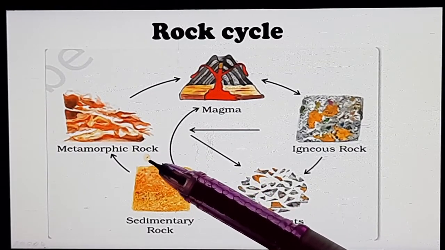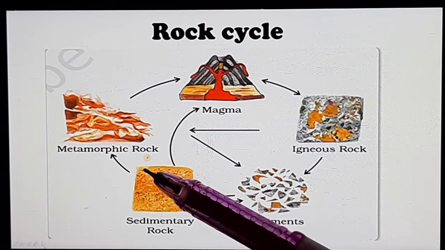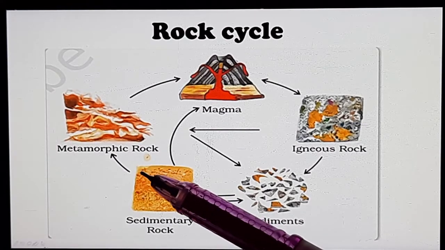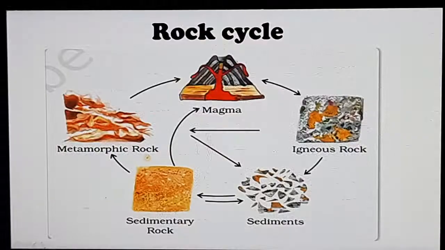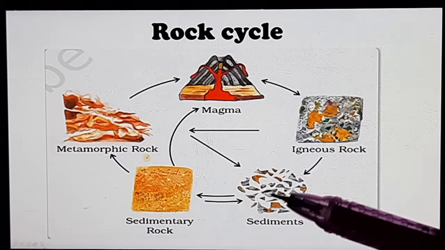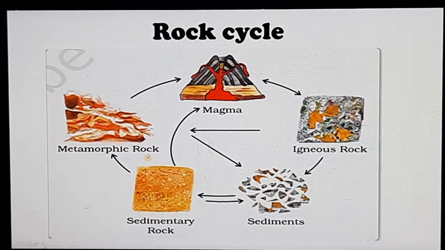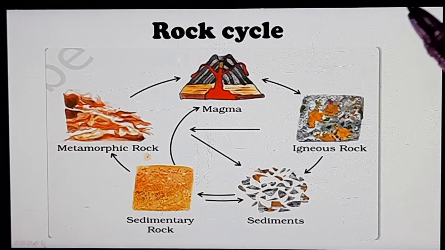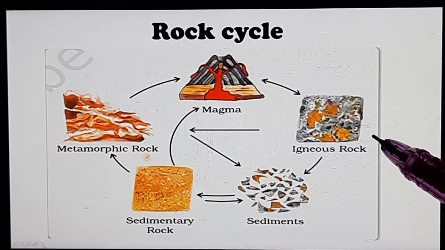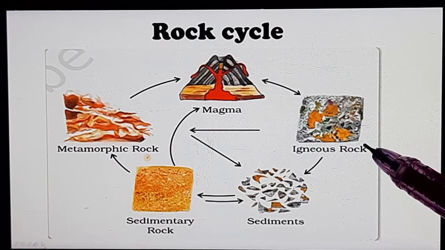Then the metamorphic rocks, which are still under great heat and pressure, melt down to form molten magma. This molten magma again can cool down and solidify into igneous rock.